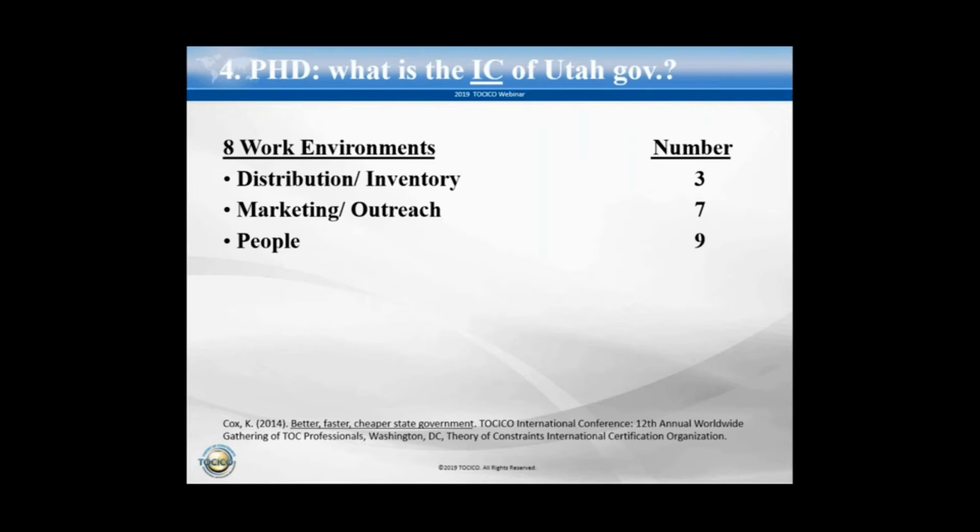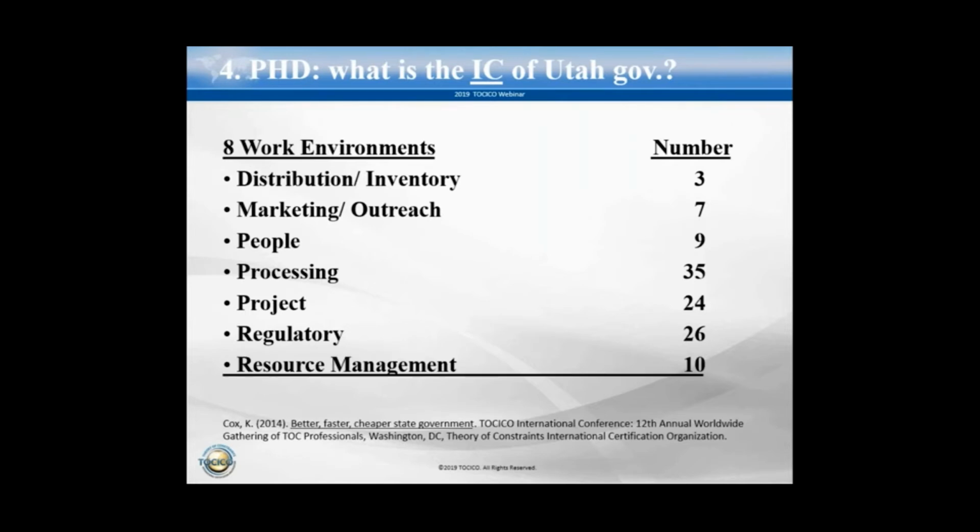People environment, there were 9. Processing of transactions, 35. Project type environment, 24. Regulatory type environment, I mean the justice system, maybe the management of timber for the state, management of wildlife, so on and so forth. Or that might fall under resource management. So there were 10 there.